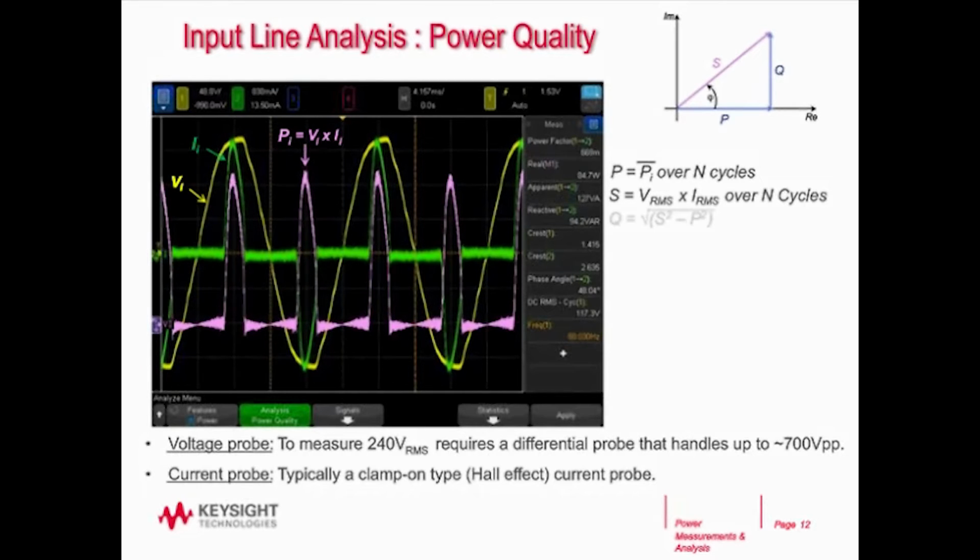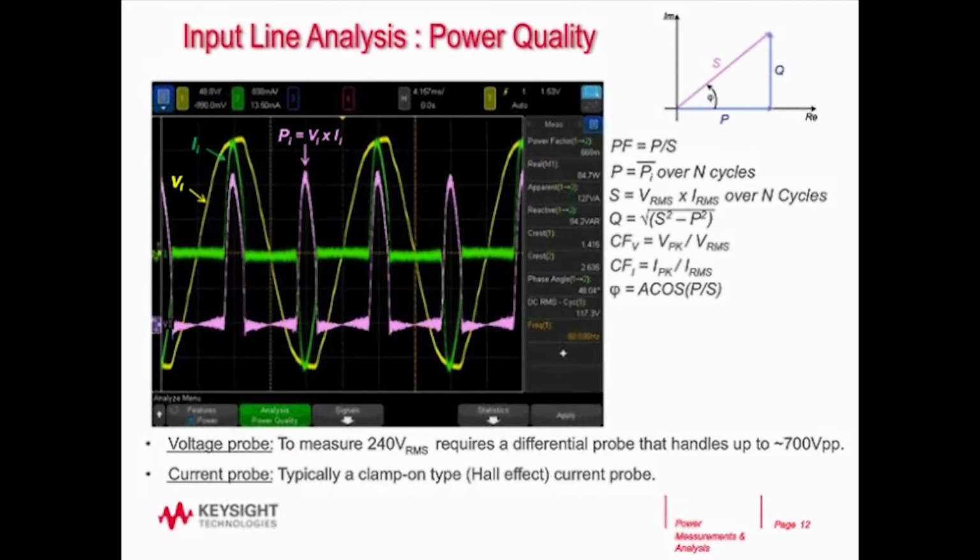The reactive power is computed by the square root of the apparent power squared minus the real power squared. Power factor is simply real power divided by apparent power. Phase angle is arc cosine of real power over apparent power. And then CF stands for crest factor, which is just a ratio of peak over RMS for both voltage and current.